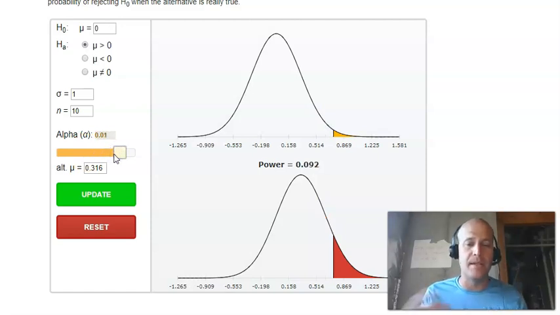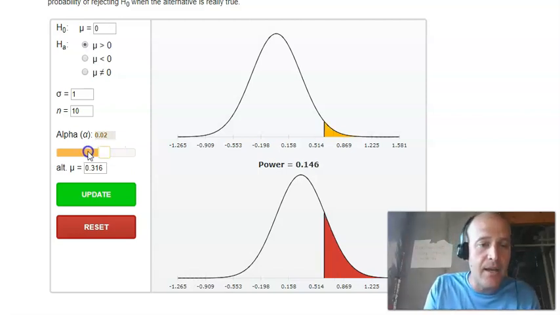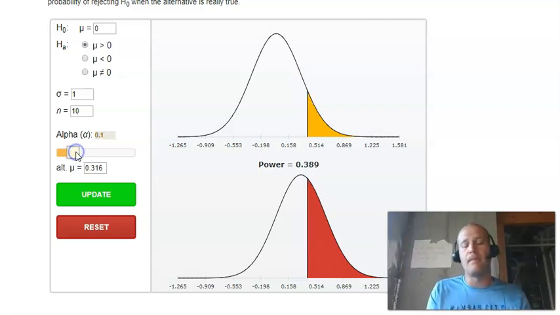Notice I decrease the power. So that's a disadvantage. A higher level of significance will give you more sensitivity to reject the null hypothesis. But on the other side of that, it also increases your chance of a type 1 error. So your job as a statistician is to try to find the balance of the two.